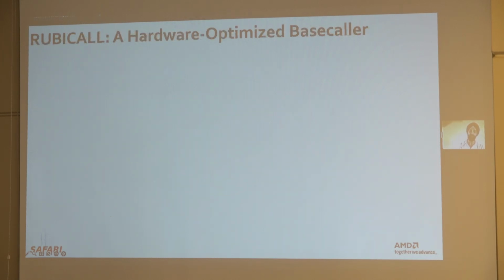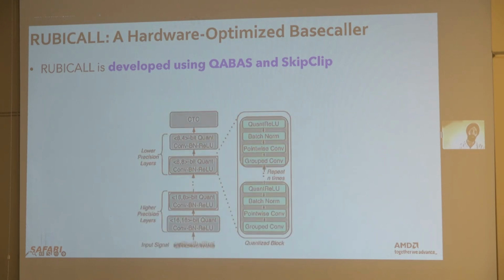Then using these two blocks, we developed an example basecaller, which we call RUBICALL, which was developed using QABAS and SkipClip techniques. If you see over here, RUBICALL has multiple blocks, all of them quantized, and we observed that the earlier blocks use higher precision, like 16 by 16 for both weight and activation, while for the later blocks we only have 8 bits or 4 bits.